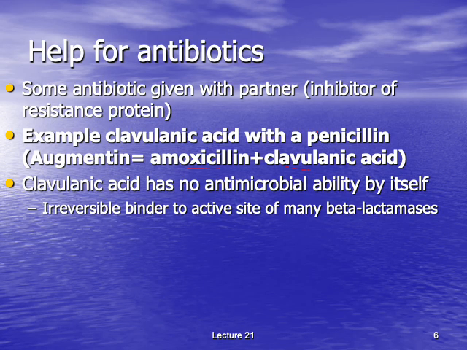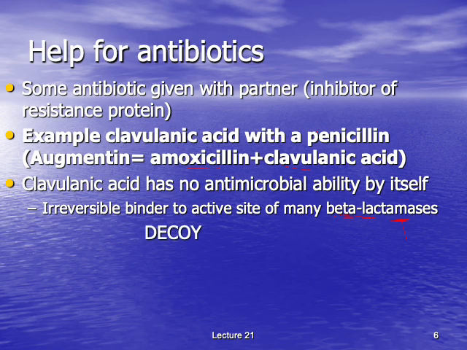It is an irreversible inhibitor to the binding site of beta-lactamases. So you can imagine if a beta-lactamase is going to destroy a penicillin, well, a penicillin's useless. But if clavulanic acid's around, clavulanic acid binds the beta-lactamase, stops it so it can't destroy the penicillin, and now the penicillin can work.